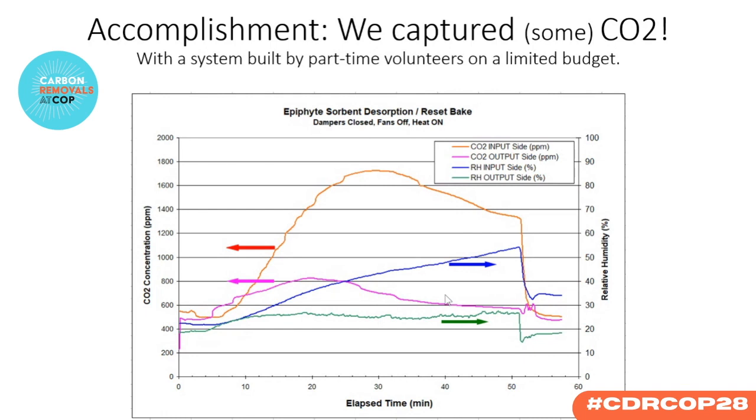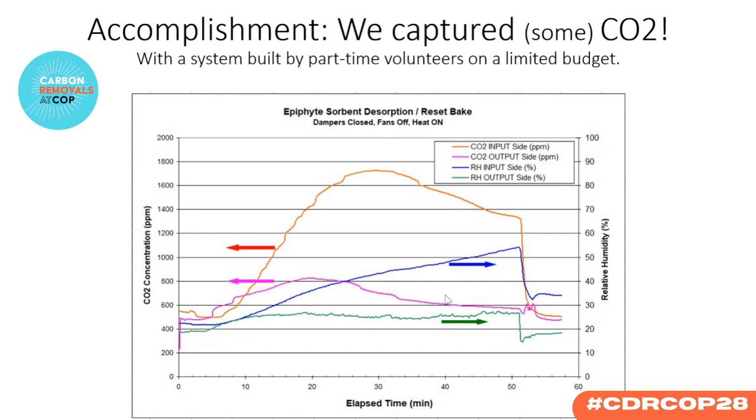On the input, the left side, when you heat it up, the CO2 in that chamber goes up to about 1700 ppm, and on the right side, the pink trace, it goes up to about 800. My theory is that you see a lot more coming out on the left than on the right because that's the side the air blows through in the adsorption phase, so it captures more of the CO2 on that side than on the output side.